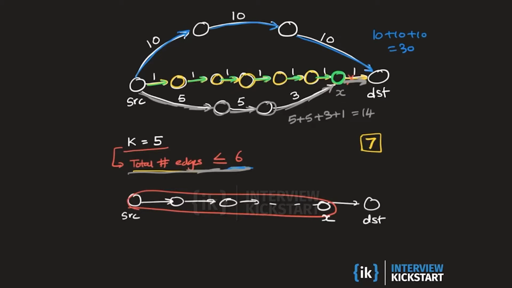And to build the shortest path from the source to the destination, we had to start from the shortest paths from the source to longer and longer prefixes, building on those subproblems in order to build the entire shortest path from the source to the destination. We wouldn't get the shortest path from the source to the destination in one shot.